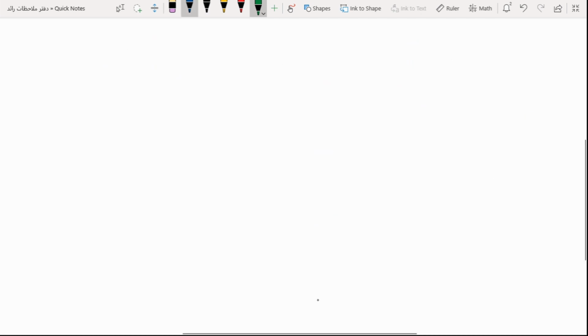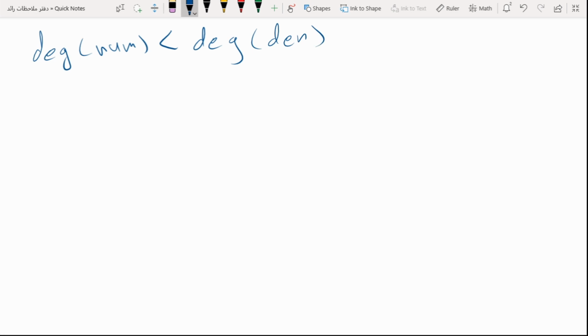Second case when degree of numerator is less than degree of denominator, the answer will be directly 0.